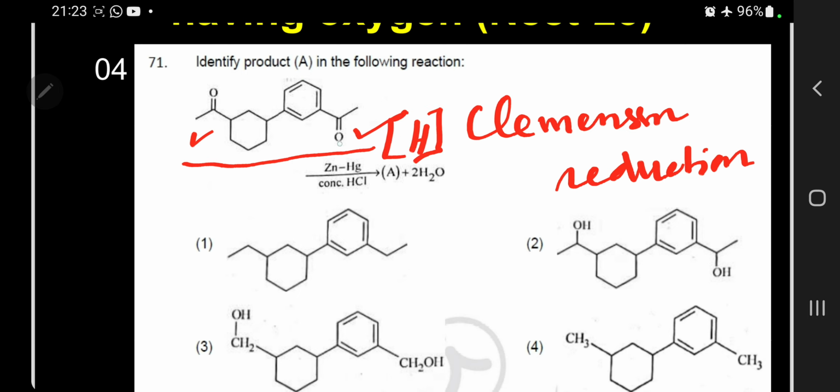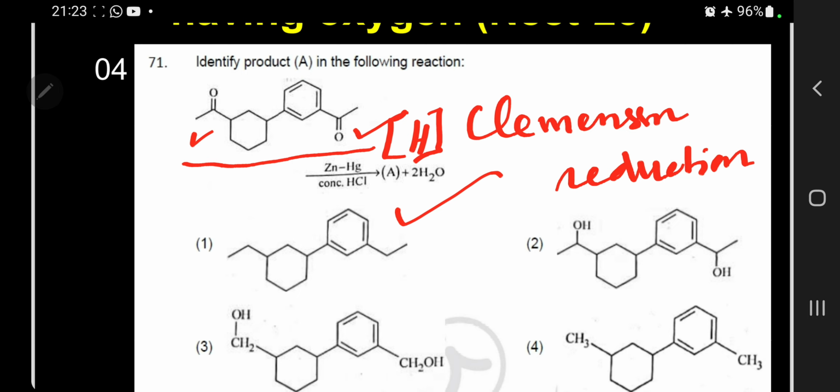That will reduce this CO group into H and CO group into H. So both sides automatically produce the corresponding alkyl group.